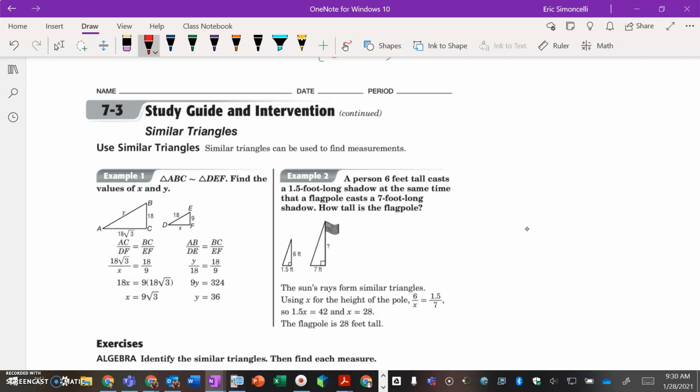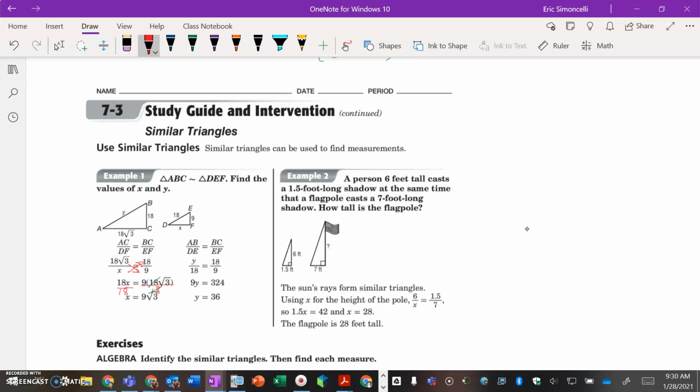Okay, we can cross multiply here, and therefore 18x equals 9 times the quantity 18√3. We can then, as you can see, divide by 18. I'll show that, so that these are going to nicely cancel. You're then left with x simply as 9√3. So on the smaller triangle, 9√3 is the dimension that is corresponding, of course, to 18√3.